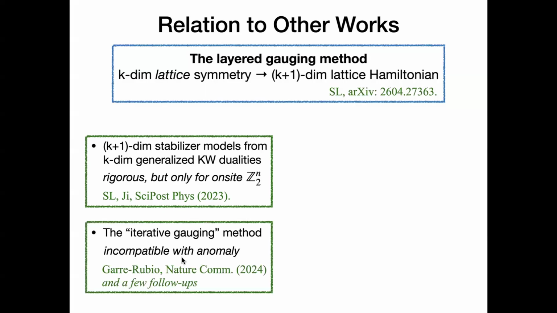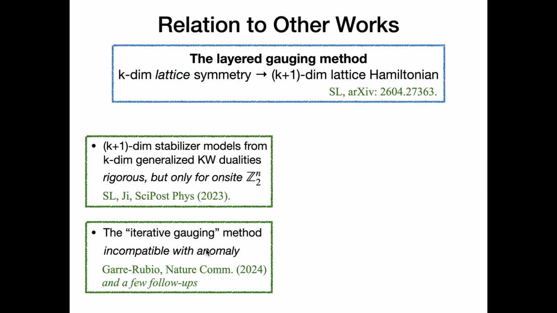Okay, and later there's also another construction called iterative gauging. They're basically doing the following thing. You start from some 1D model with some symmetry, you gauge the symmetry, and this will generate some gauge field sites, and you regard this gauge field as a second layer, and gauge the dual symmetry acting on that second layer to generate the third layer, and then gauge the dual symmetry acting on the third layer to generate the fourth layer.